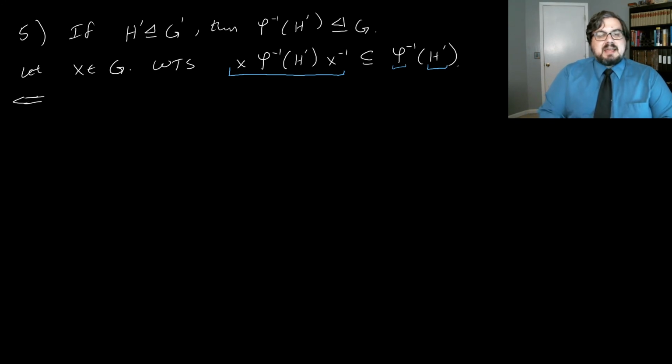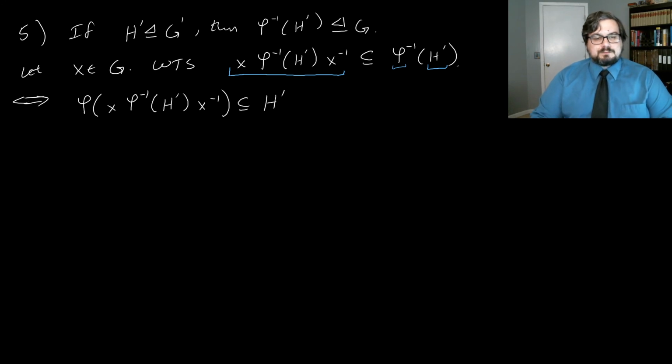This is the same as showing that phi of x times phi inverse of H prime times x inverse is a subset of H prime. So let's try to show this.